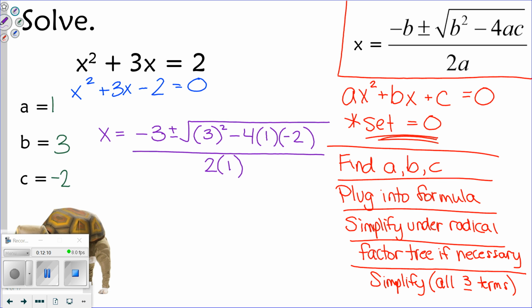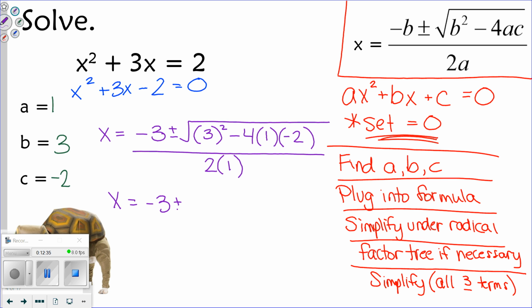Okay, next, simplify under the radical. Do not type the radical into your calculator. So grab your calculator, type in 3 squared minus 4 times 1 times -2. And I would type it in just the way I wrote it, with all the little parentheses in there, just exactly what you see is what you type. Okay, good. You should get 17. Double check, please double check.